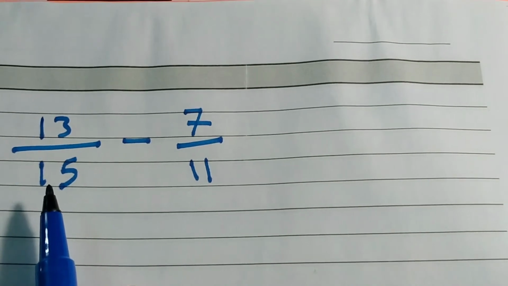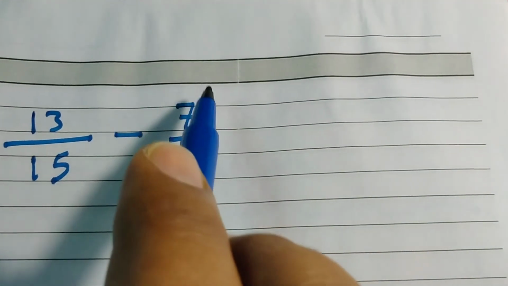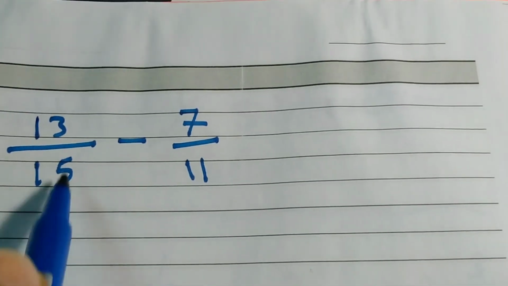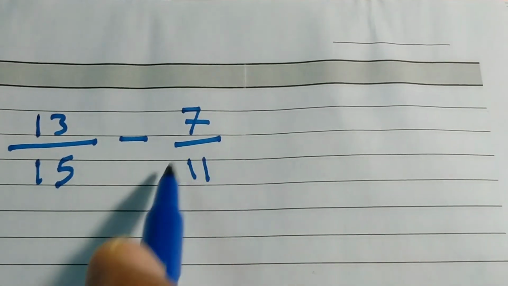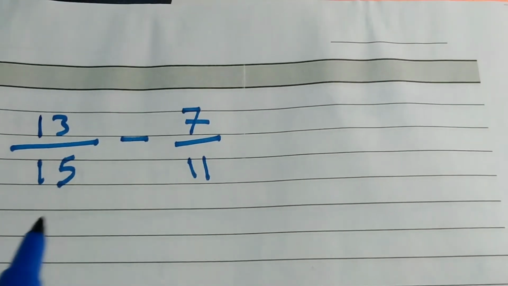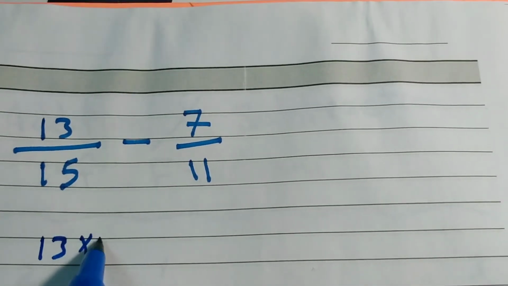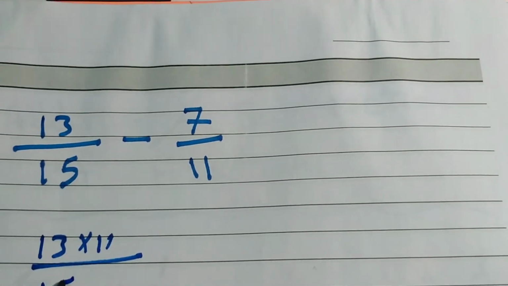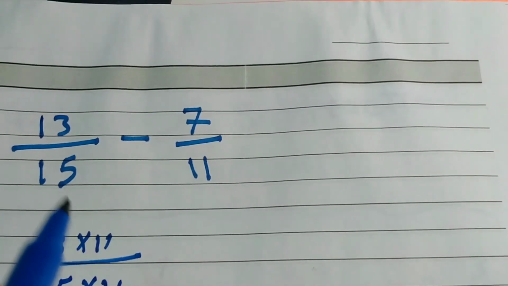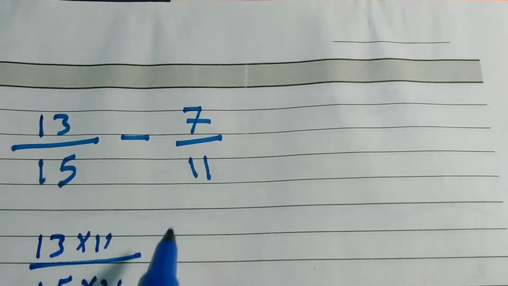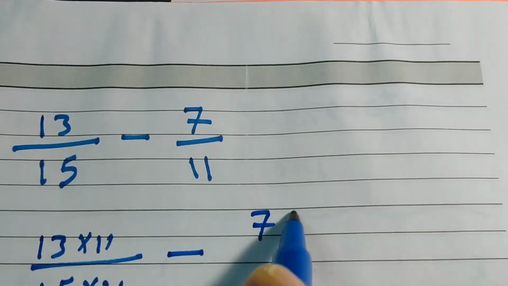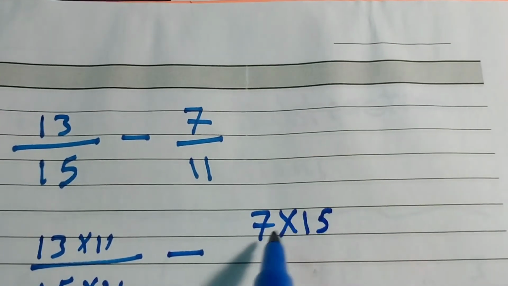Then what will we do? We will multiply the first fraction by the second denominator and the second fraction by the first denominator. Let's see, to make the denominator the same, what will we do? 13 multiply 11 over 15 multiply 11. The first fraction with the second denominator, minus the second fraction with the first fraction's denominator.